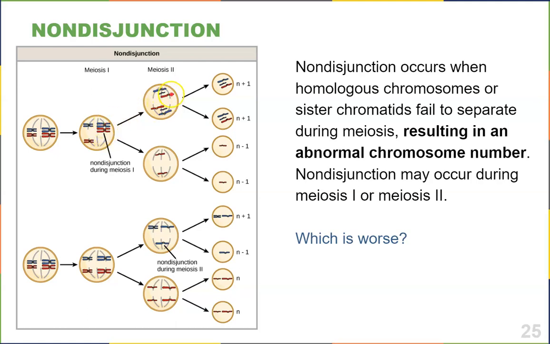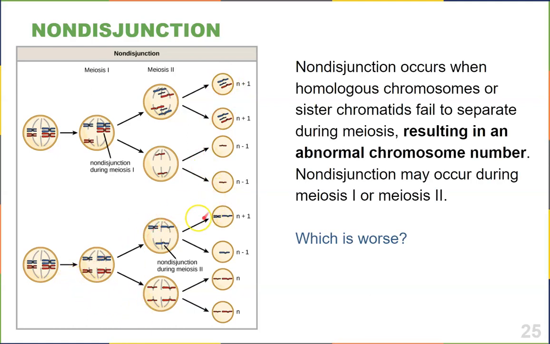That results in too many chromosomes in one cell at the end of meiosis 1. Then going into meiosis 2, we keep those extra pairs, and we end up with 3 chromosomes, or one more than the normal number in this case. And then the other cell on the other side has one less because the other cell got the extra.